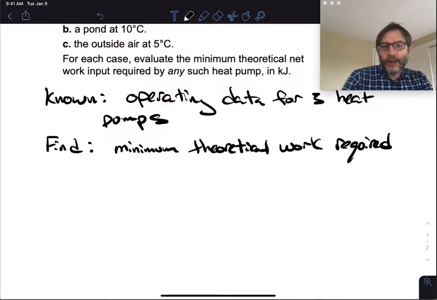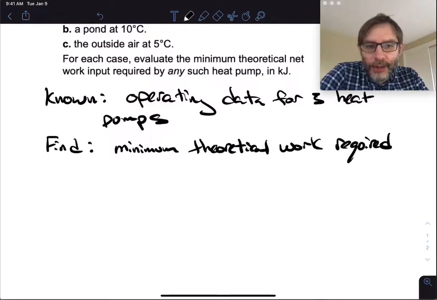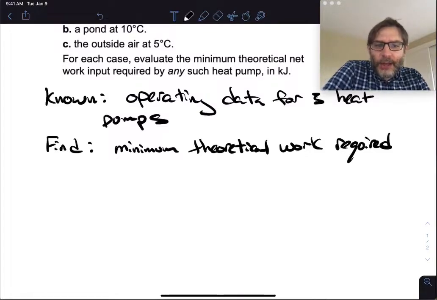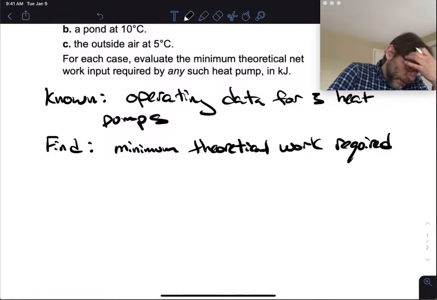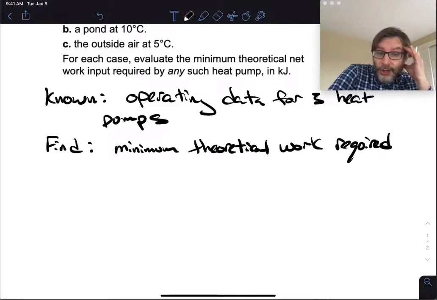So this is an interesting exercise as an engineer, just as an aside before I get going with this. If you're an energy engineer and somebody says, hey, what if we decided not to use a furnace and instead heat our building using a heat pump? You would say, that's an interesting idea.